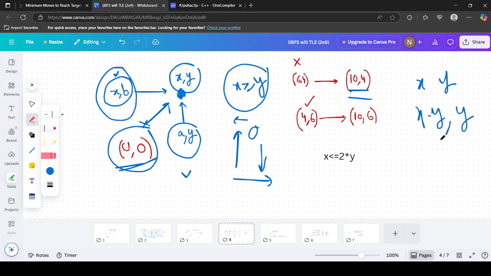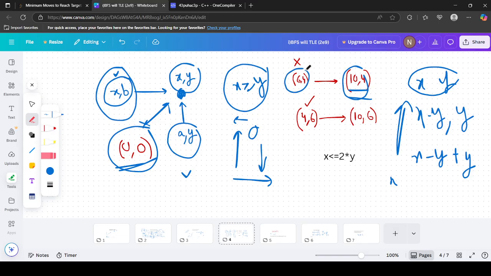So the previous coordinate can be x minus y, so that the maximum will be y, and then when we add this we reach x. So for 10 comma 4, the previous coordinate will be 6 comma 4, because 10 minus 4 is 6.